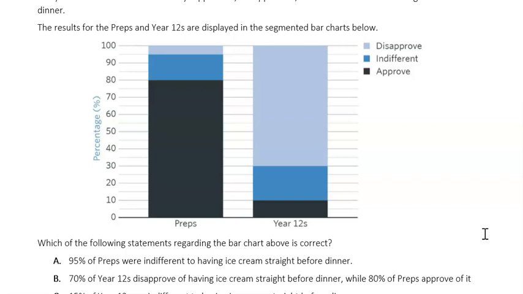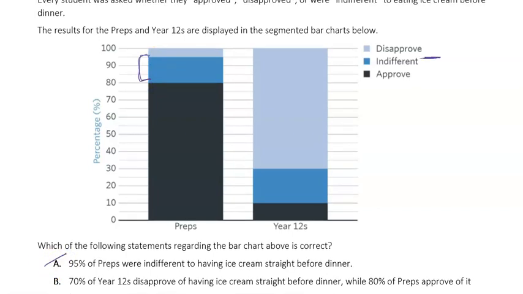So A, 95% of the Preps were indifferent. Indifferent is this middle colour here, the middle blue on the screen. That would mean this group here, definitely not 95% altogether, so not A. B has 70% of Year 12 students disapprove of having an ice cream. So the light blue colour, 70%.